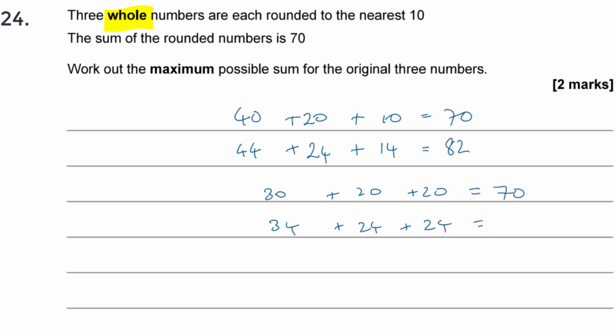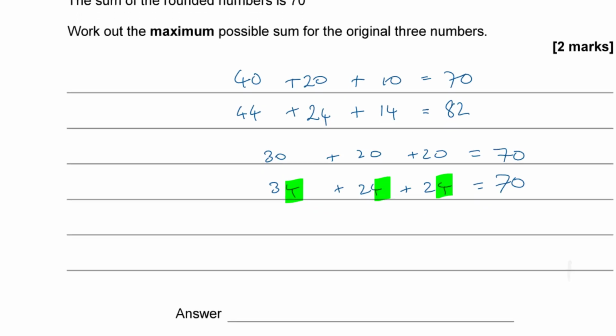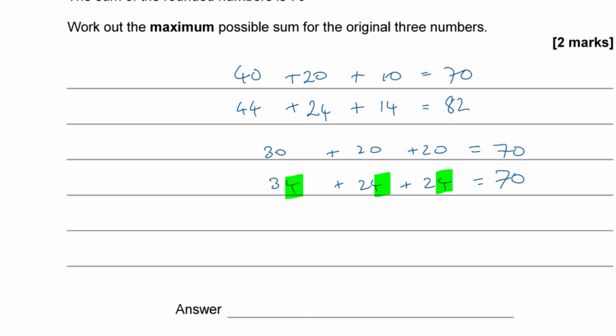So again, that's 4, 8, 12 more than 70, isn't it? So I think whatever combination of numbers you pick that round to your original 70, your maximum possible number is always going to be 4 more than that, 3 times. So 4 times 3, 12 more than that amount. So the maximum possible sum has to be 82.